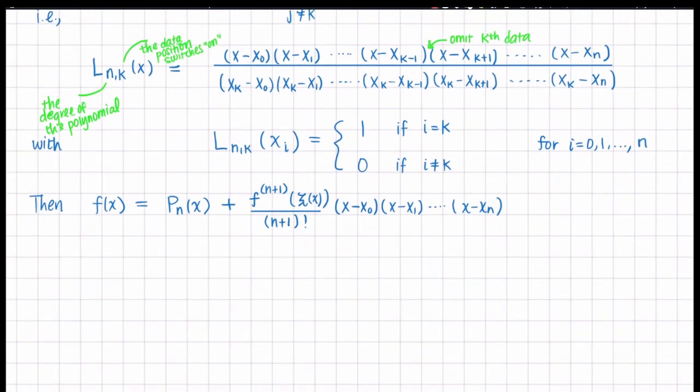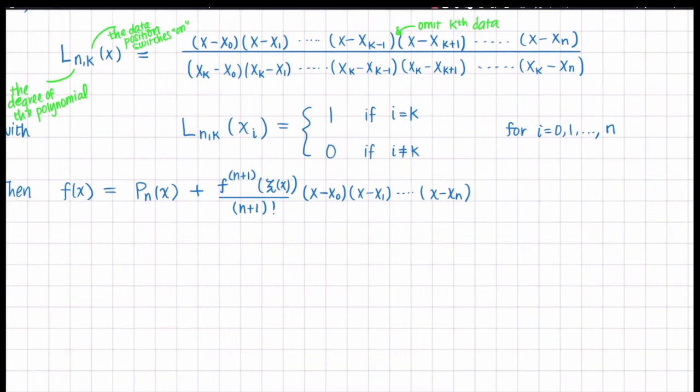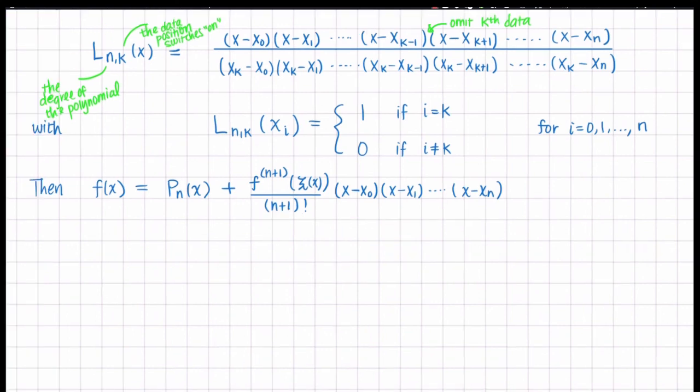So what this means is if you're using Pn of x to approximate f of x, you can always determine the absolute error by estimating a bound on this error term. So, for that reason, this term is either called an error term or Lagrange remainder term.